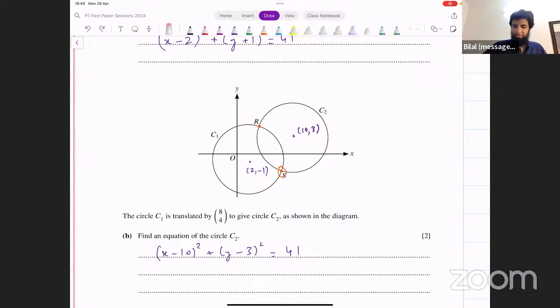And that's this. You can basically join the centers of the two circles. Let me show you what I mean by that. These are the centers of the two circles.